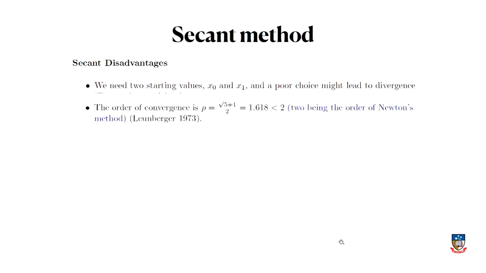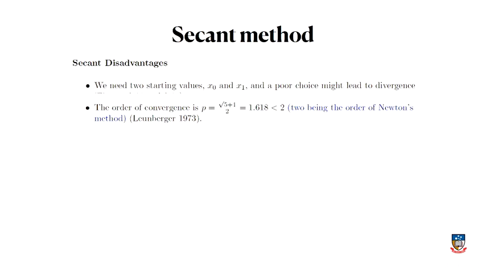There's one other disadvantage, which is that it takes more mathematics to prove than we want to do here. But it turns out that the order of convergence of the secant method involves the golden ratio. That number, root 5 plus 1 over 2, is the golden ratio. So it has an order of convergence that's a little bit slower than that for Newton's method.